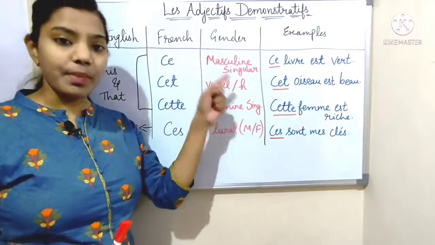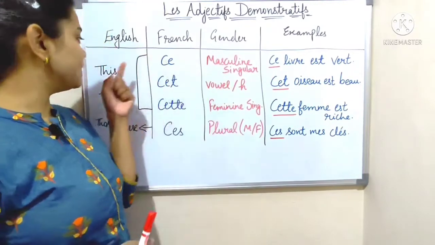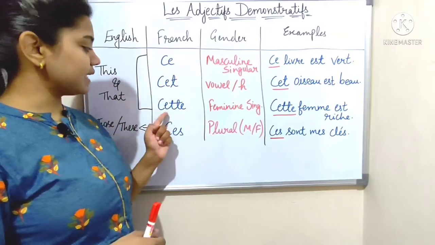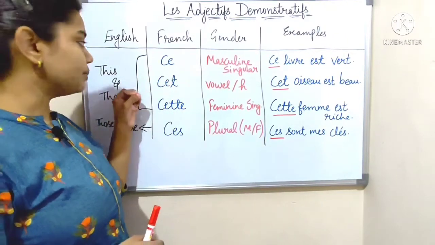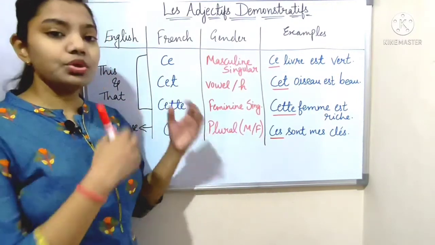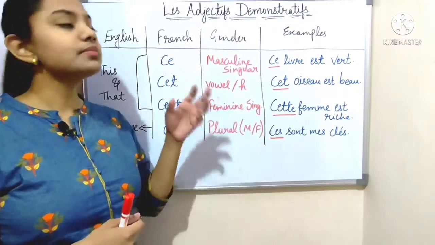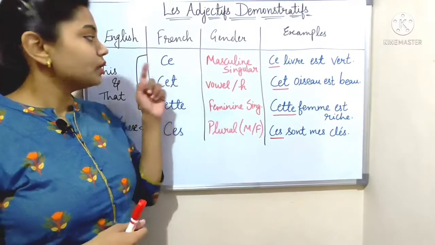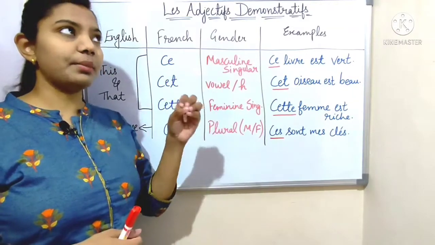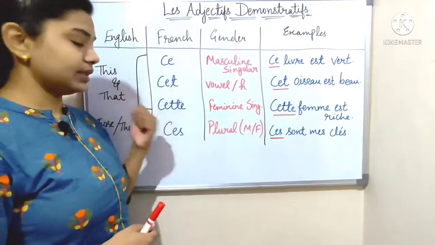Ce is used for masculine singular, and means this and that. Ce, cet and cette all have the same meaning, this and that, but they are used differently according to the gender.